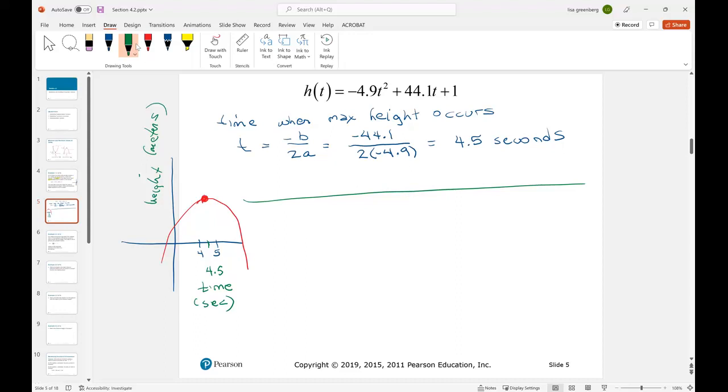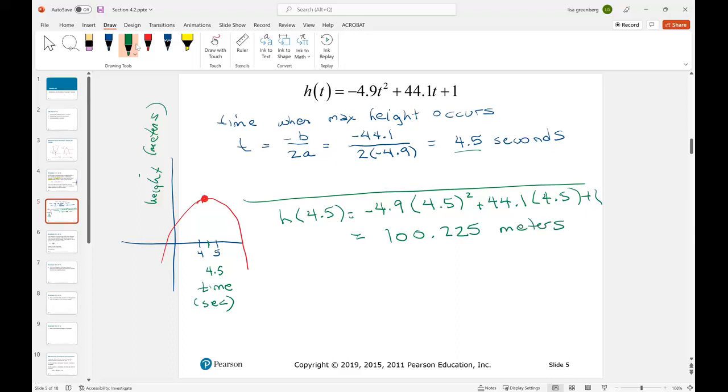So I have h of 4.5 seconds is equal to negative 4.9 times 4.5 squared plus 44.1 times 4.5 plus 1. And again, calculator problem, put this in your calculator and you'll get 100.225 meters. So that's the maximum height.